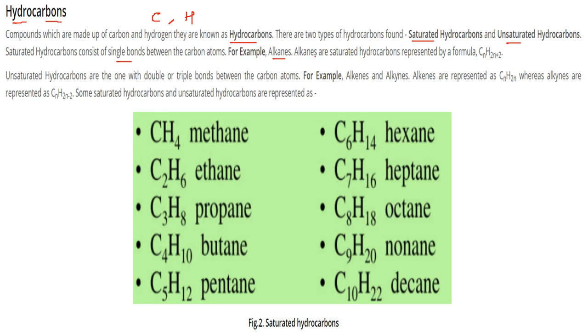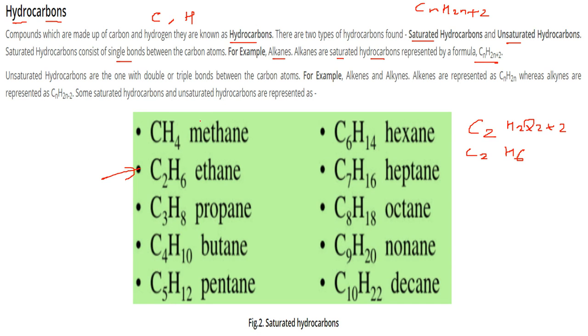The formula is CnH2n+2. So if I place 2 here, H is 2 into 2 plus 2, which is 4 plus 2, so C2H6, ethane. Likewise, these are all saturated hydrocarbons following this formula.